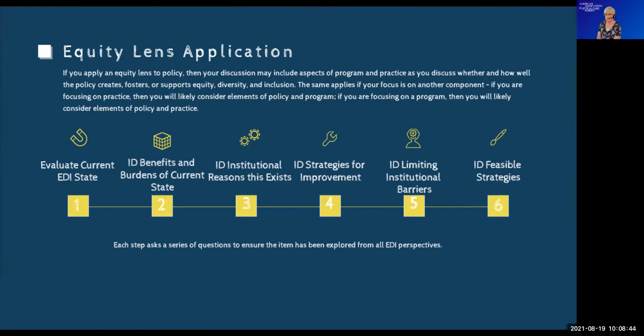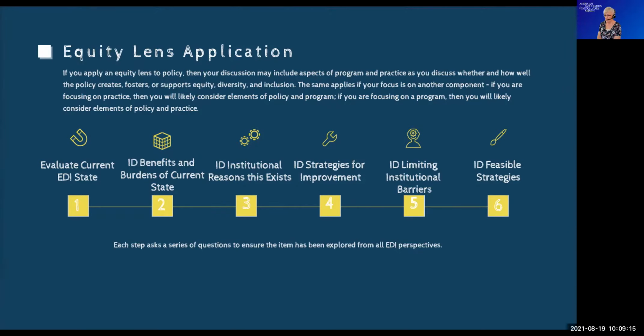So first, we will evaluate the current EDI state. We'll look at who's benefited, who's burdened, how does it address diversity, how does it address inclusion. We'll look at who is benefited and burdened by that current state. We'll look at what institutional reasons this policy, practice, or program might exist in the way that it does.